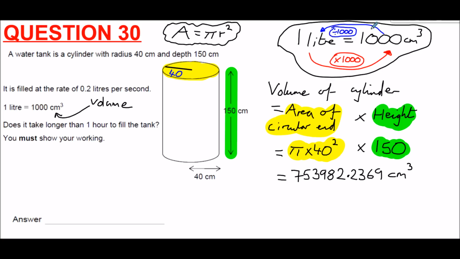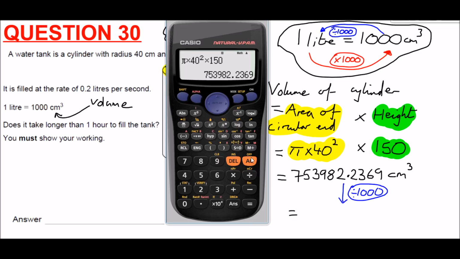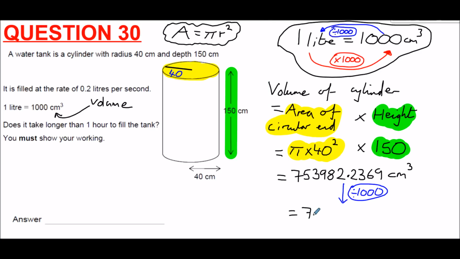And to do that, we need to divide by 1,000. So if we take the number we've just worked out and divide by 1,000, that would tell us that in litres, the volume is very roughly, because it's so close, about 754 litres. To the nearest litre at least.